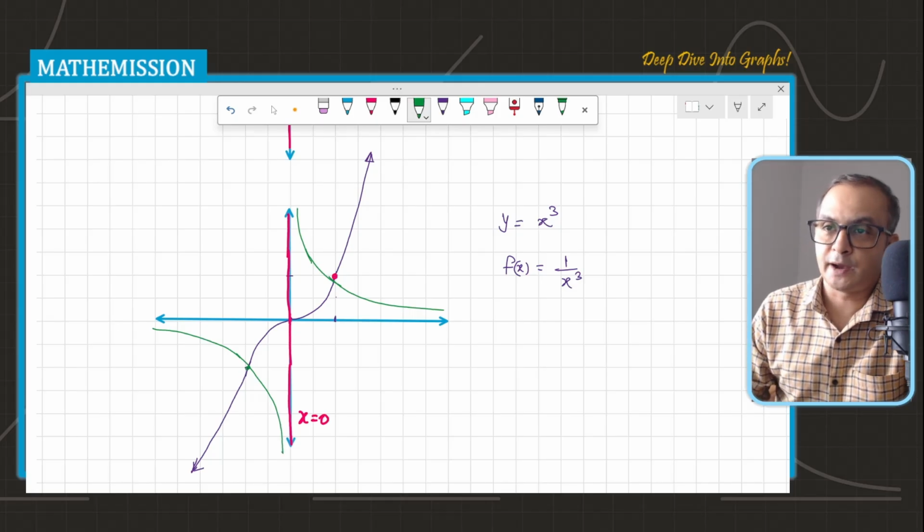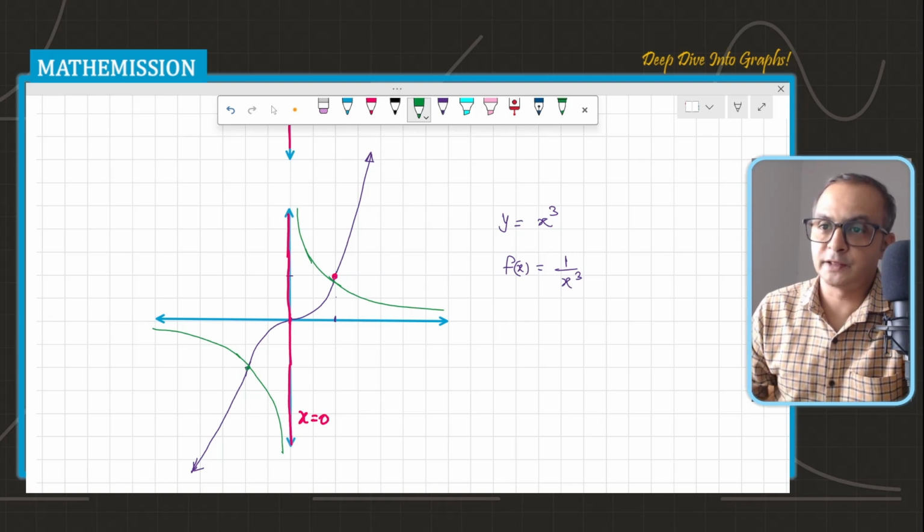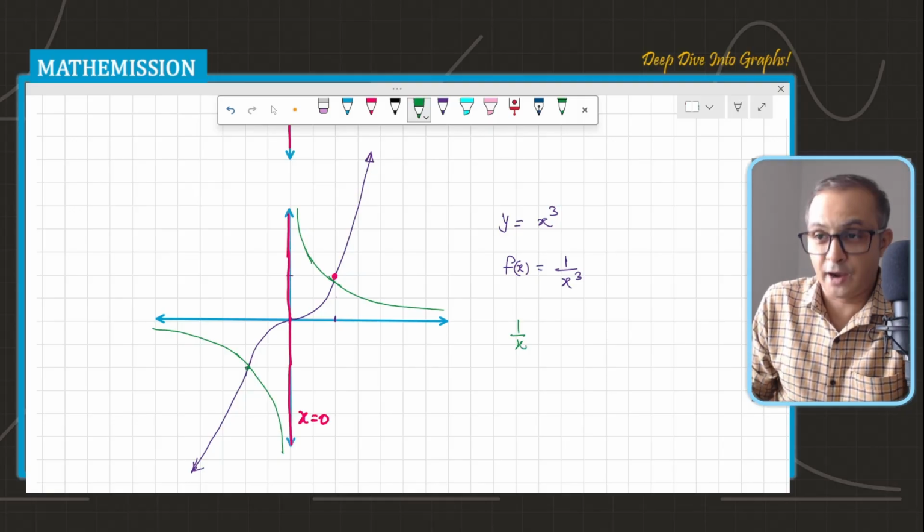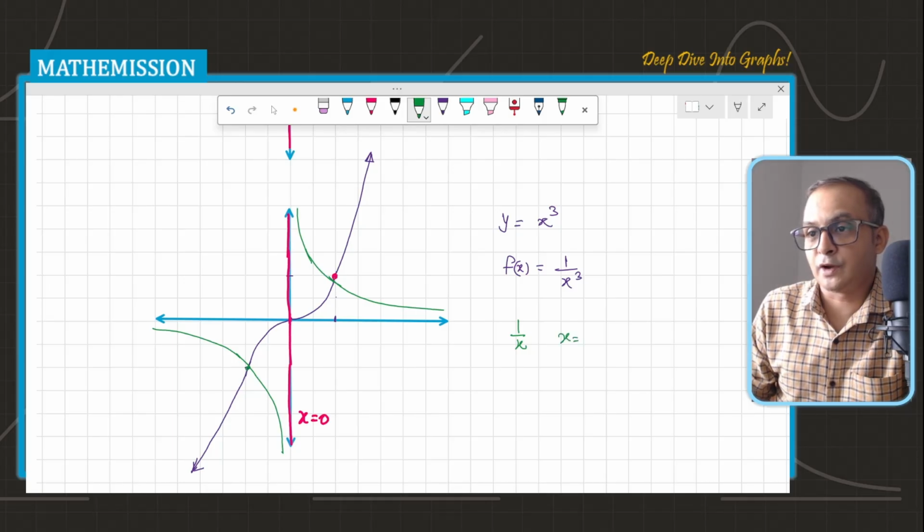This will look like this. Don't get confused by the graph of 1 by x, because it's different from that. You can compare by just plugging in the value, because for 1 by x, when you take x equals half, that will give you 2, but the 1 by x cubed value will give you 8.